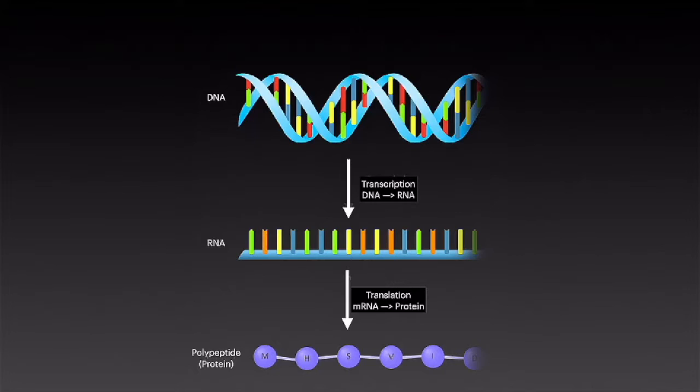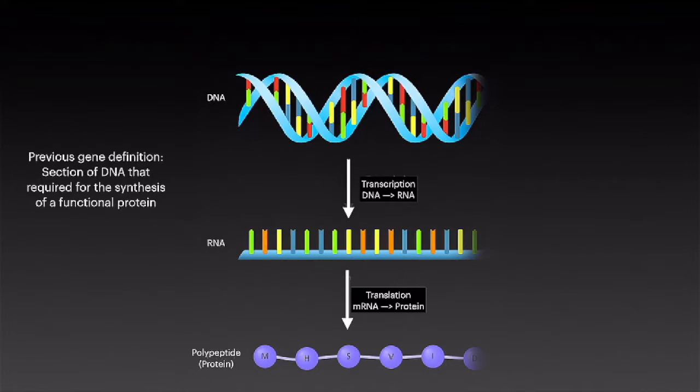Okay, so something you may have noticed there is that I said DNA is transcribed to RNA, and then mRNA is translated to protein. And that's really, really key, because this central dogma of genetics, which you've learned, it's correct. It's just incomplete. Okay, if what we're thinking about is what is a gene.